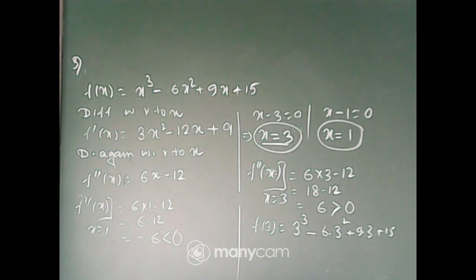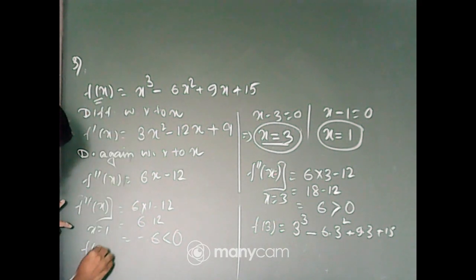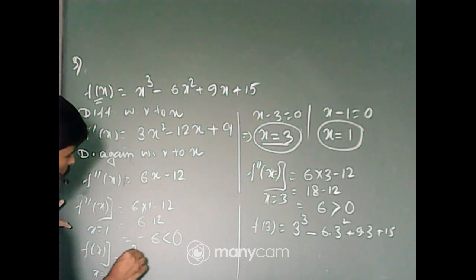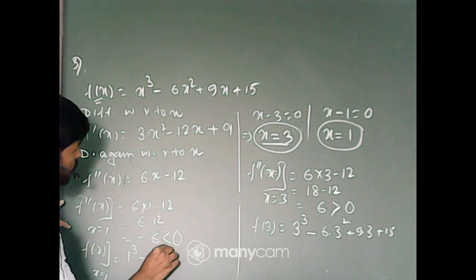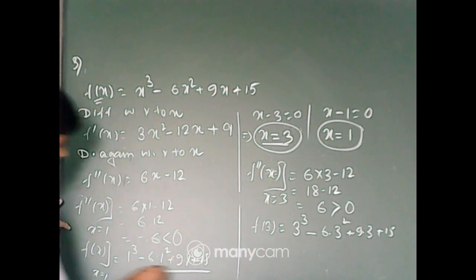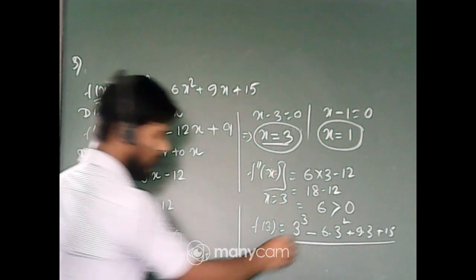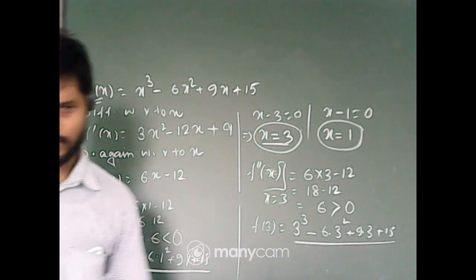That means the function has a maximum value at x equal to 1. And what is the maximum value? Put it in the given equation. f of x at x equal to 1 will be 1 cube minus 6 into 1 square plus 9 into 1 plus 15. This value will be the maximum value, and the earlier one will be the minimum value. If you do the calculations, you will get the answers.